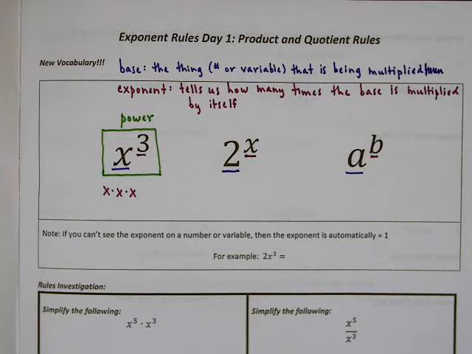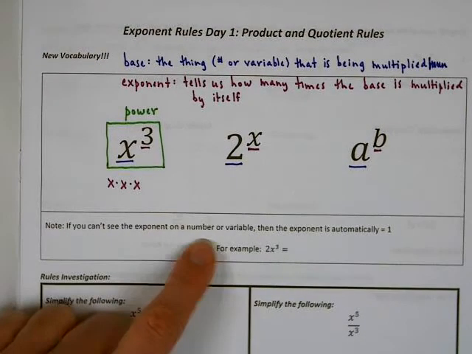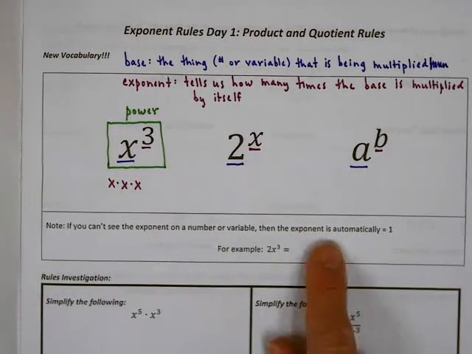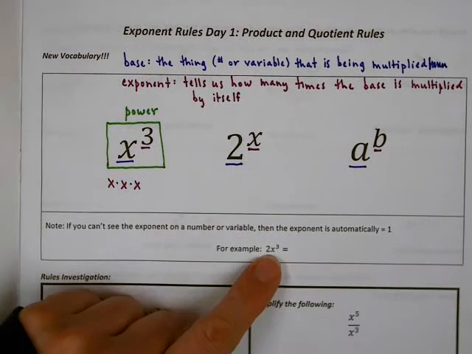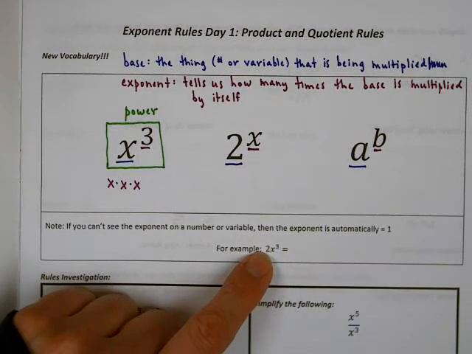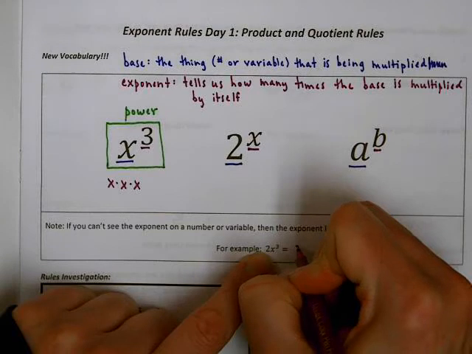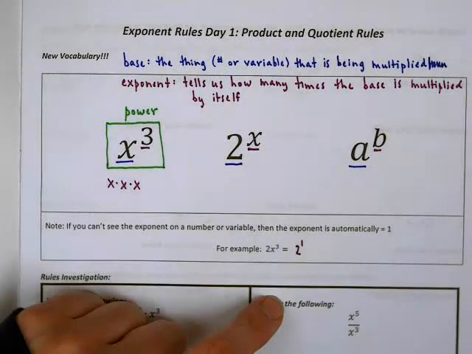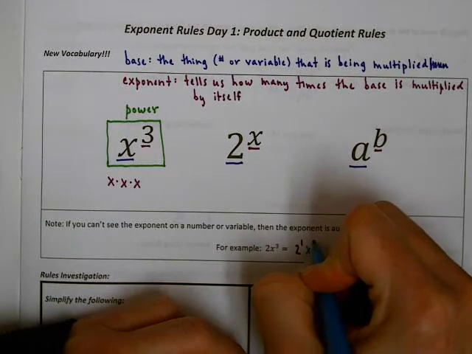Okay, now there's a note here. It says if you can't see the exponent on a number or a variable, then the exponent is automatically equal to 1. So in this example, if I have the expression 2x cubed, remember we can say x to the third or x cubed, since I don't see an exponent on the number 2, that's the same as 2 to the 1 times x cubed.